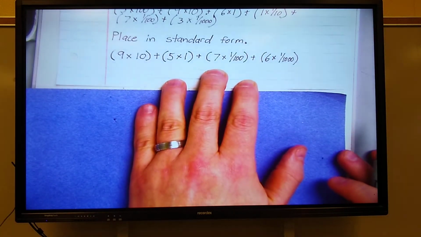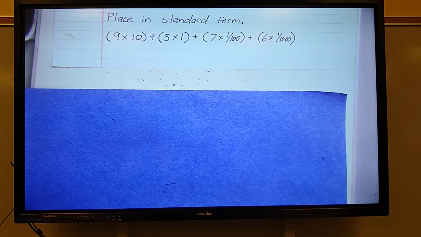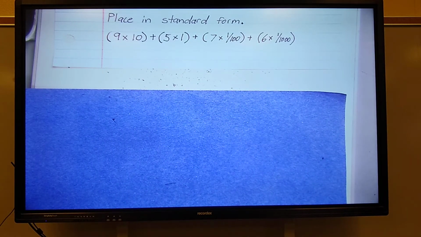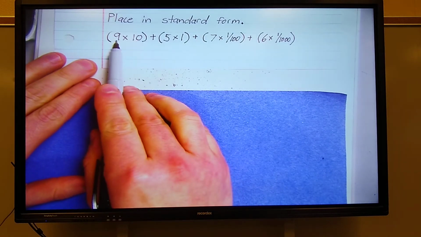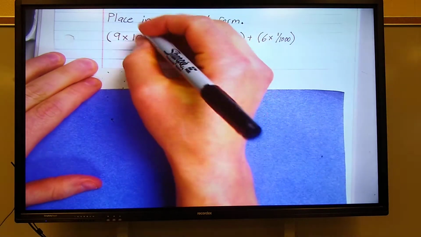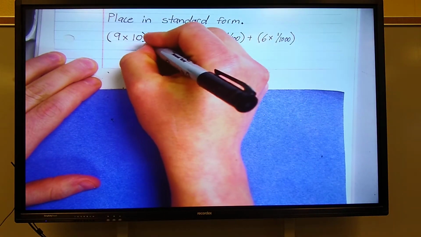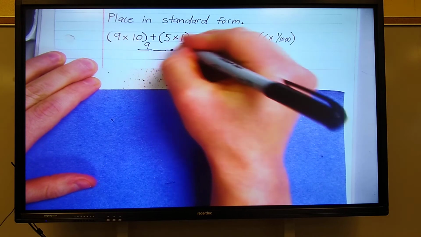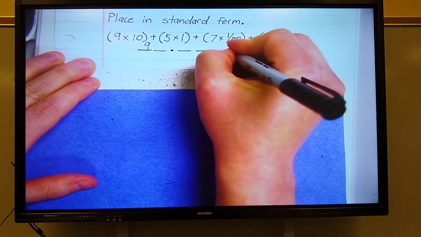This time, I want you to put this number in standard form. That means just like a regular number. Do that now. Pause the video. All right. The 9 is in the tens place because it says 9 times 10. So 9, ones place, decimal, tenths, hundredths, thousandths.